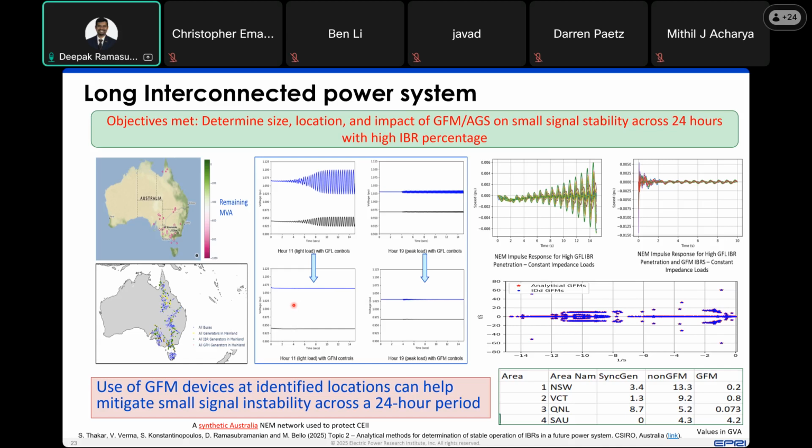We have some analysis techniques here at EPRI to look into where to locate the resources for this advanced grid support, where to place them, where to size them, and so on, such that across the entire 24-hour period one actually gets a stable response.